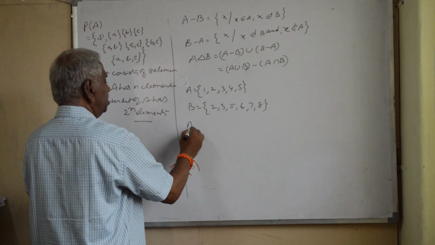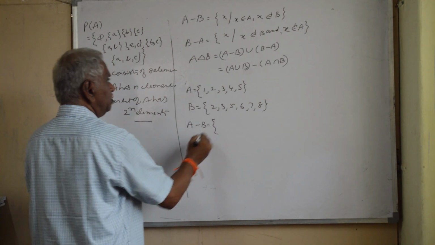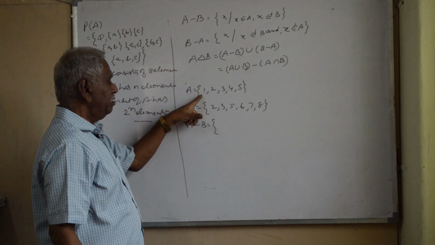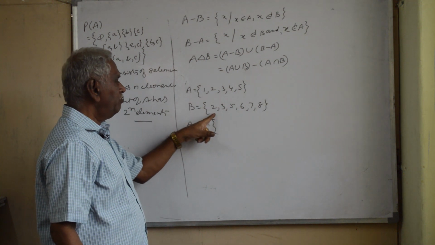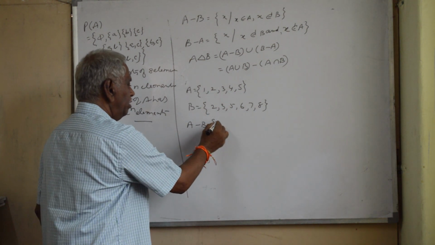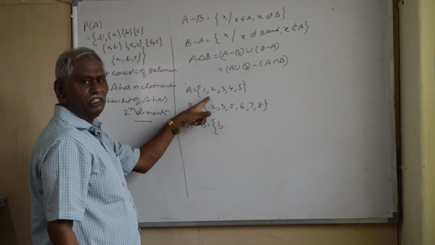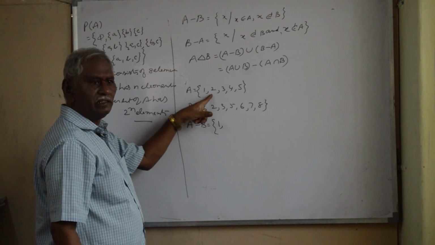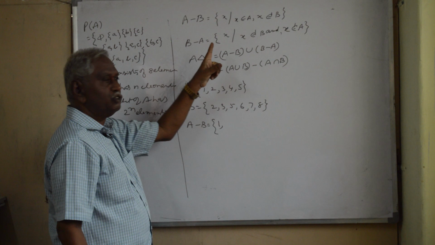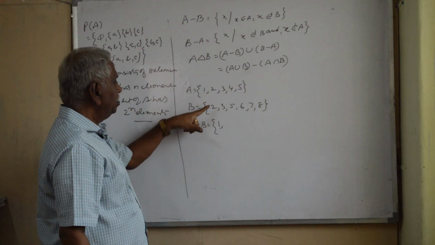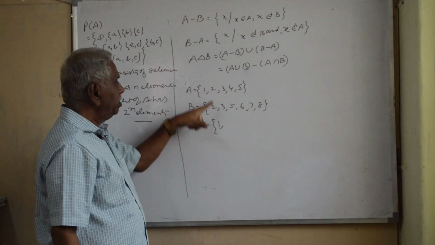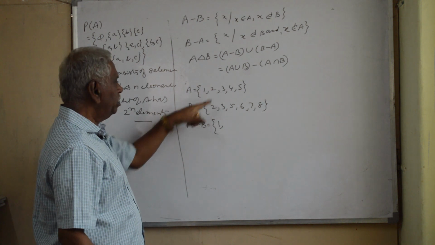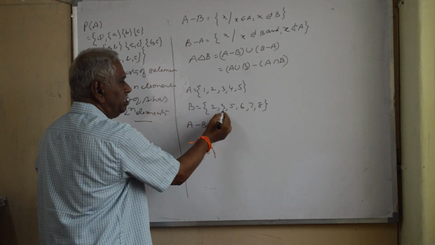Let us find A minus B. A minus B is nothing but the elements which are in A but not in B. 1 is an element of A but 1 is not an element of B, so 1 is here. 2 is an element of A but it is also in B. The definition is x belongs to A and x does not belong to B, so it should not be in B. So 2 is in A but also in B, so we can ignore it. 3 is also in A but also in B, so we ignore it.